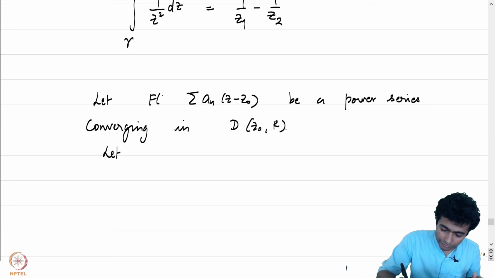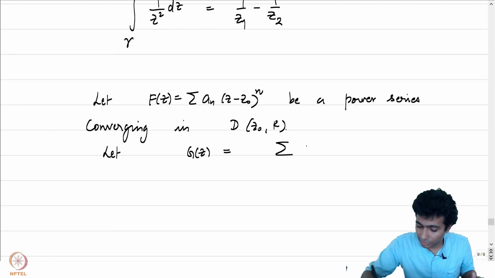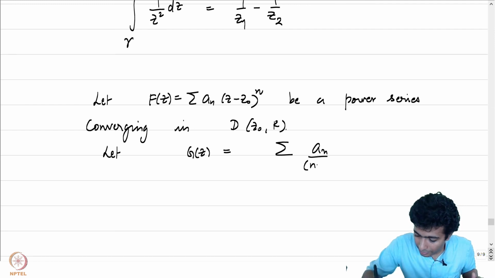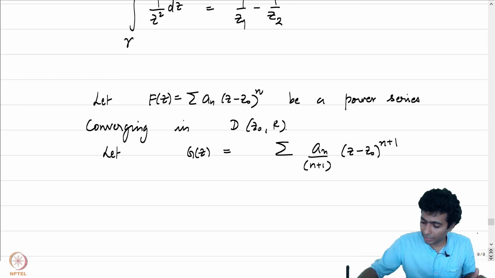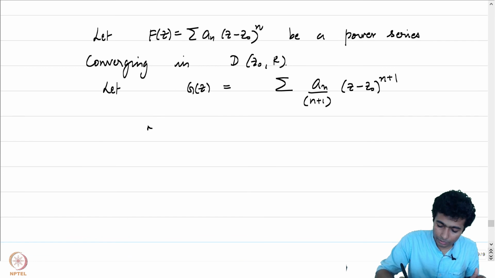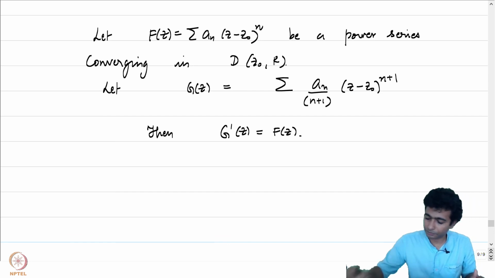Let g of z be equal to the summation of a n by (n plus 1) into (z minus z0) to the power (n plus 1). And we have g prime of z is equal to capital F of z.